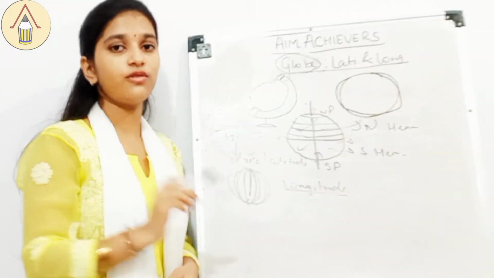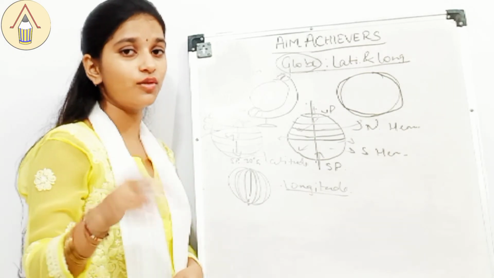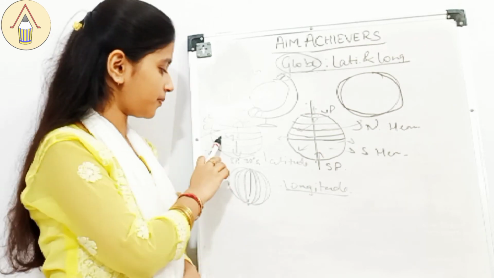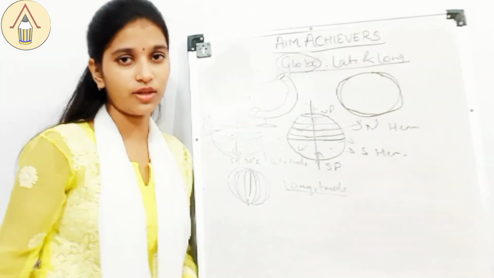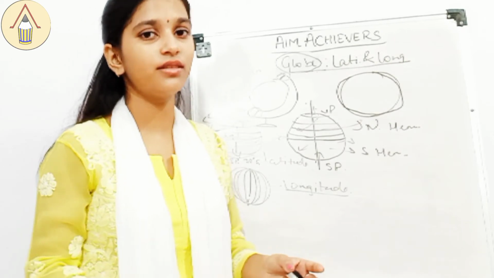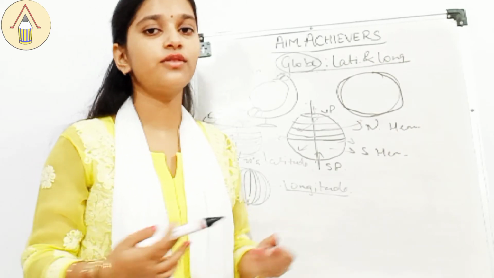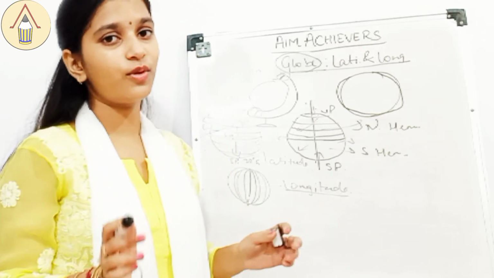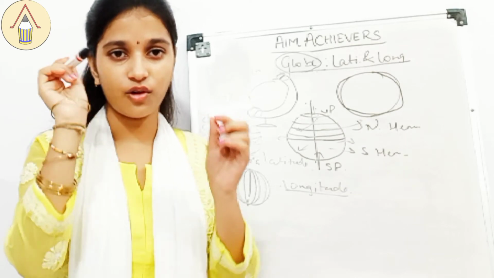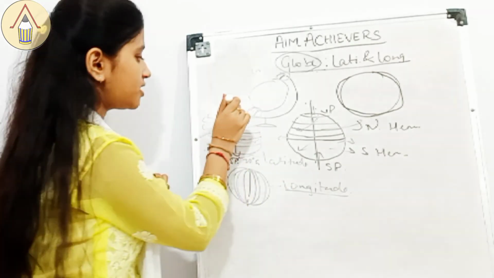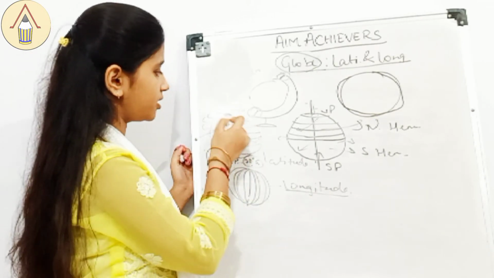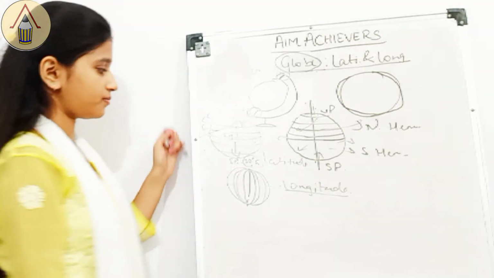And equator is also known as the Great Circle because no other circle or parallel of latitude is as big as the equator. Okay, so it is known as the Great Circle. If the question comes that what is the biggest circle that can be drawn on the earth, it will be equator. And North Pole is not a circle. It is merely just a point. Okay, so pole is just a point, both sides. This is 90 degrees south, this is 90 degrees north.